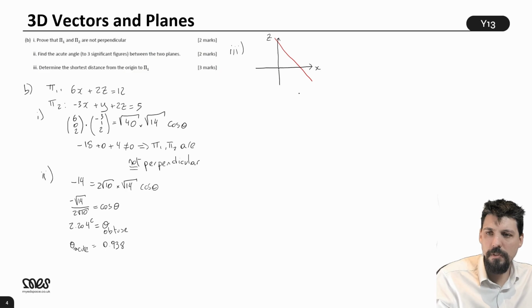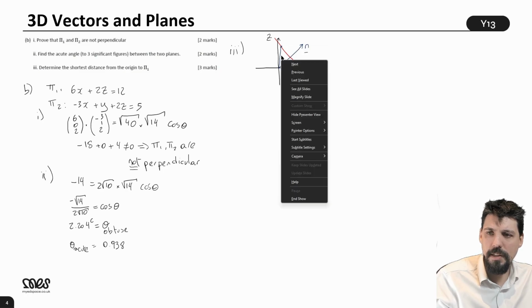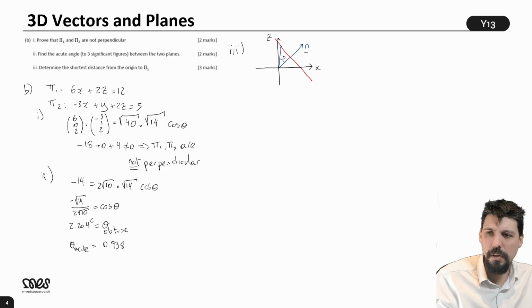All right, so we know this thing here. That's my normal vector. That's my point. Now, ideally, what we want is, if I have that vector, the distance I want is from there to there.